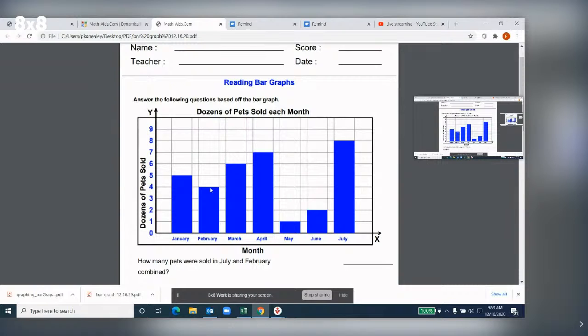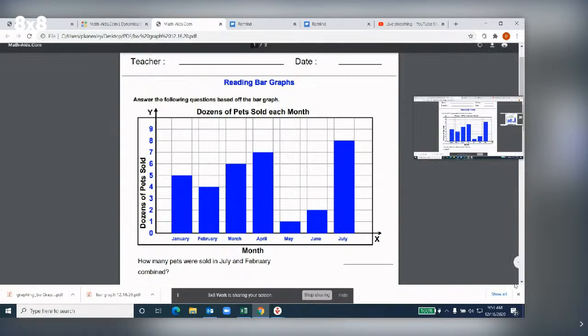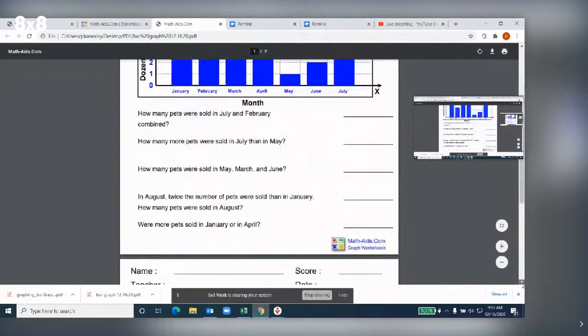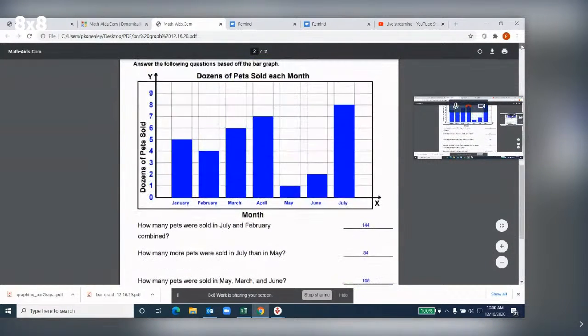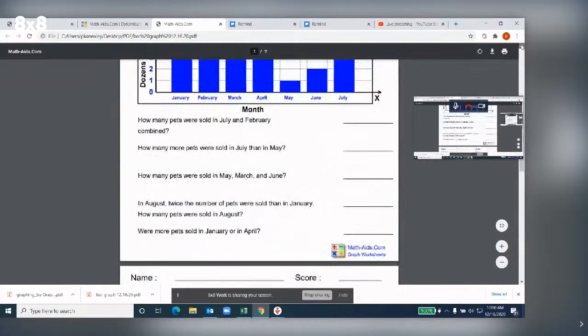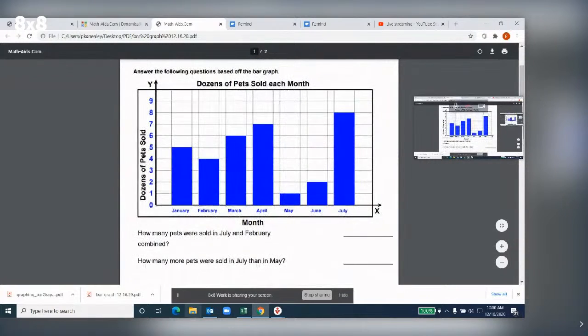But if it had numbers, then what you're going to have to do is, well, there's 12 dozen and there's 12 in a dozen, so you would do 12 times 12, which would be 144. Sometimes there's a little more to it. So for this one, I'm thinking it said 144. It's going to ask you to figure out the actual number, not in the dozens. So that would be 144.